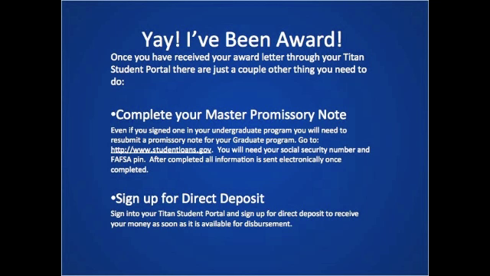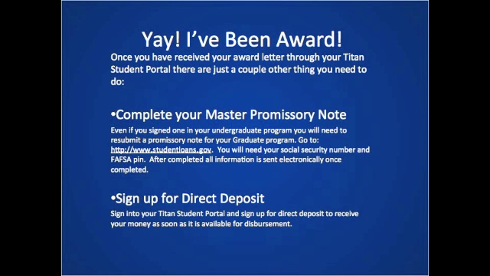Once you are awarded, you will be sent an email from the Financial Aid Office to your Fullerton student email. All of your awards can be viewed in the Titan Student Portal in the Student Center under the Financial Aid tab. There you will see a list of your awards that you are able to accept. Make sure that you accept all the awards that you choose to receive in the amounts that you choose to receive them in.